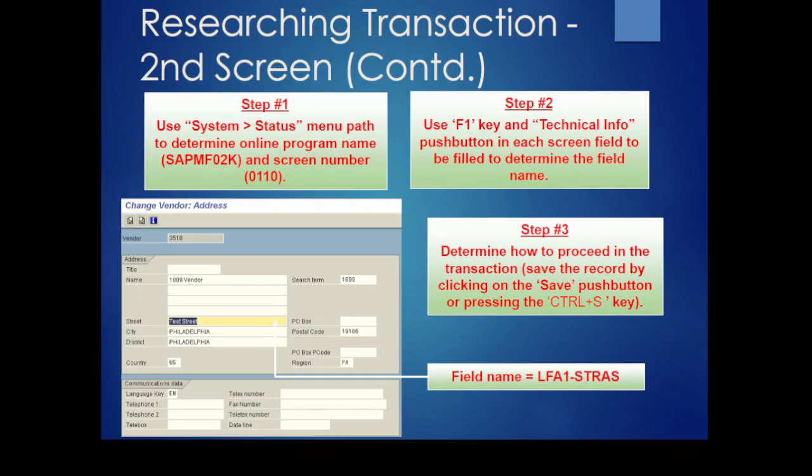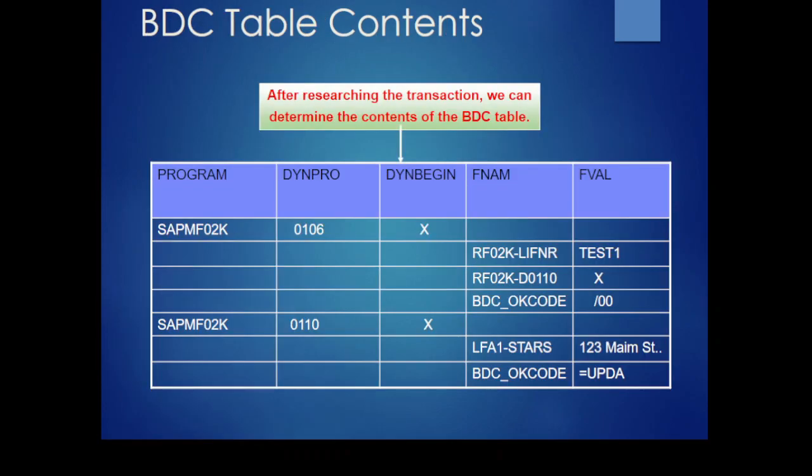In this screen, we found the city and the district field names. BDC table contents: after researching the transaction, we can determine the contents of the BDC table. Here we are using two screens and one program name.